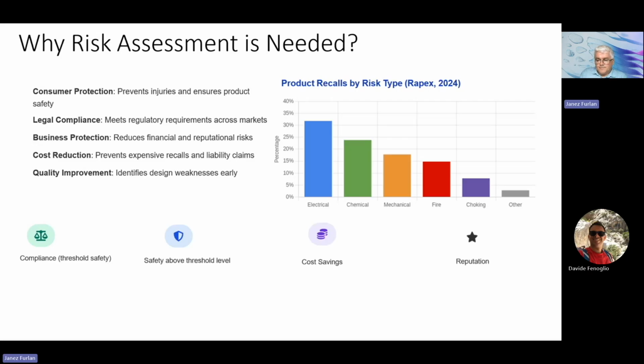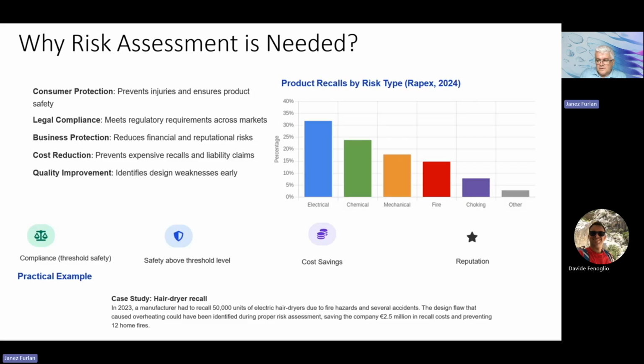So there are several reasons for this, and if I may just make a note on one of the recent recalls on hair dryers, which we will discuss today. In 2023, a manufacturer of hair dryers had to recall 50,000 units because it turned out that they cause fire hazards, and several accidents were reported.